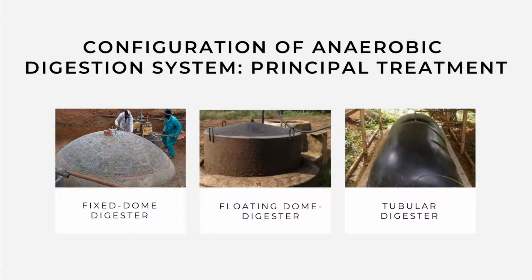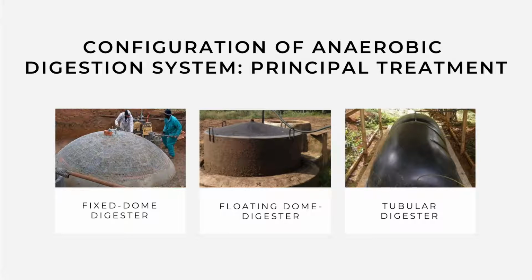When the gas is removed, the slurry flows back into the reactor. The pressure can be used to transport the biogas through pipes. In a floating dome reactor, the dome rises and falls with the production and withdrawal of gas. A tubular digester expands like a balloon as the biogas is being produced.